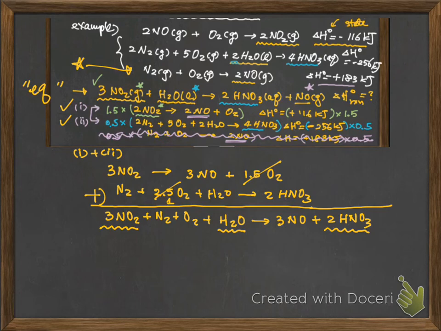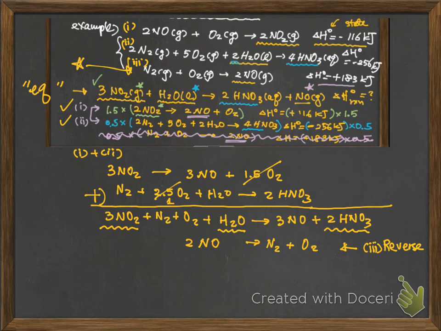To do this, we need this N2O2 to go away, and 2 times NO. If I reverse the third equation, let's say this is equation 1, this is equation 2, this is equation 3, and this is essentially equation 3 reversed.